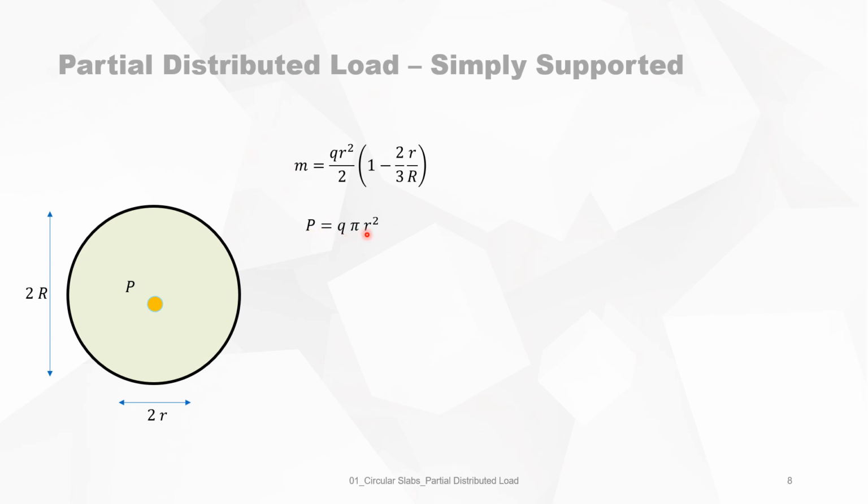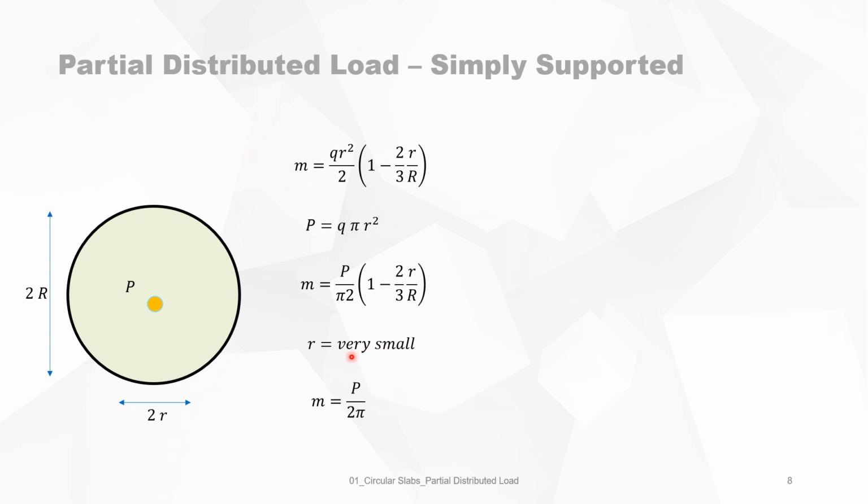And r is small, so we concentrate all the loads in a small dot. Then we substitute P and we get this formula. And now you see that in the limit for r very small, this will be 0 or can be neglected next to the unity, so m is P over 2 pi. So that's in the limit when r is very small.